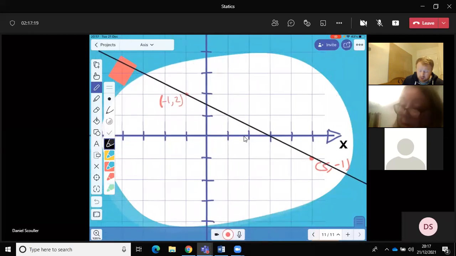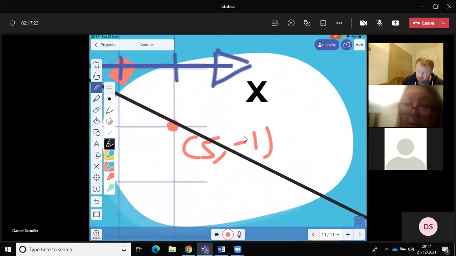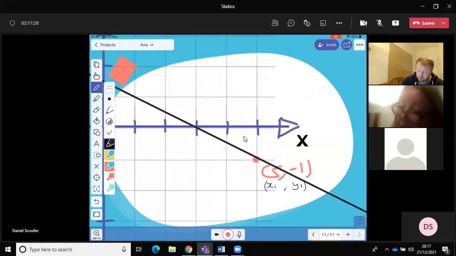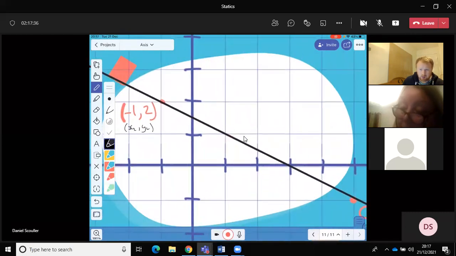Okay, so just to show you, I'll put this is x1, y1, x2, y2. You'll still get the same gradient out.